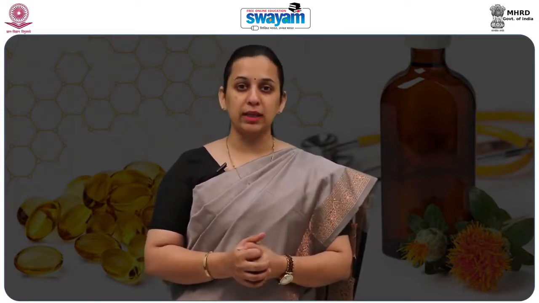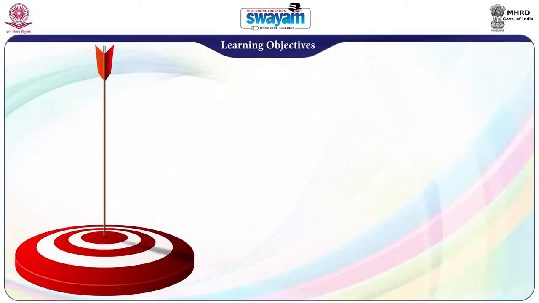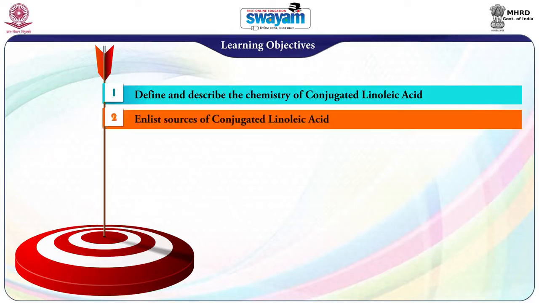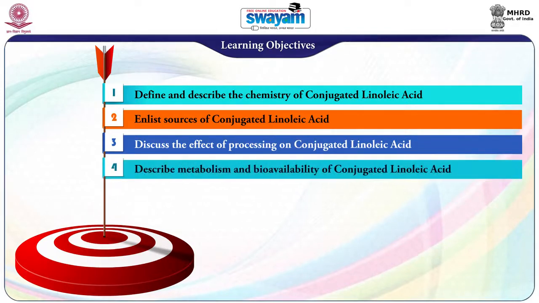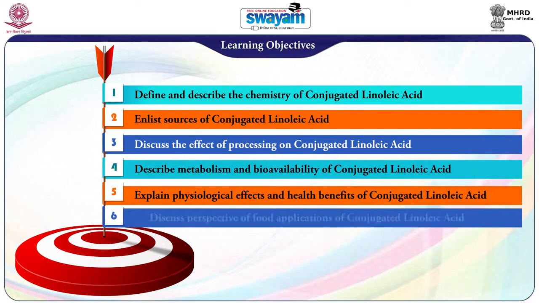So learners, now let's learn about conjugated linoleic acid. Dear learners, after studying this module, we shall be able to define and describe the chemistry of conjugated linoleic acid, enlist the sources of conjugated linoleic acid, discuss the effect of processing on conjugated linoleic acid, describe metabolism and bioavailability of conjugated linoleic acid, explain physiological effects and health benefits of conjugated linoleic acid, and discuss perspectives of food applications of conjugated linoleic acid.